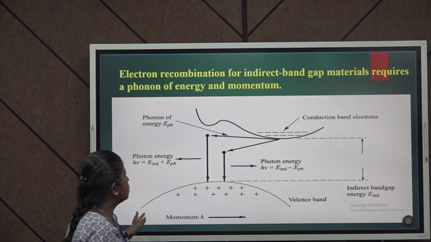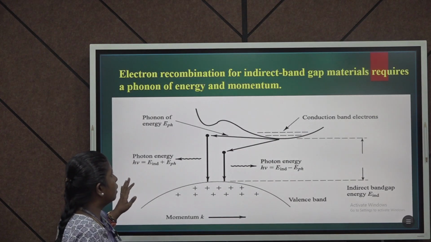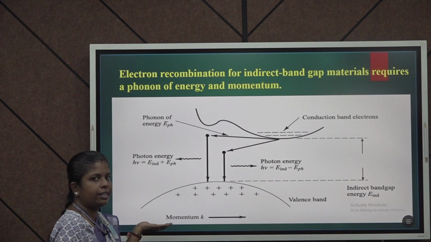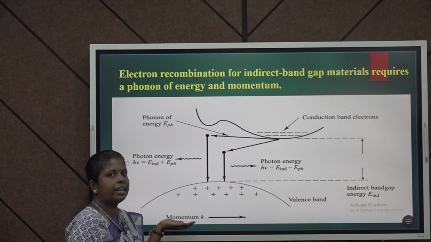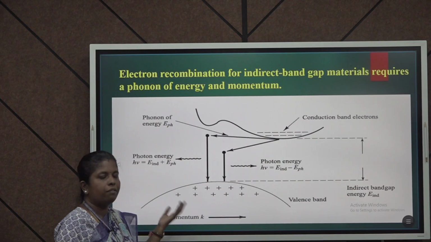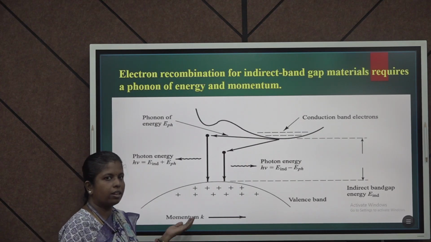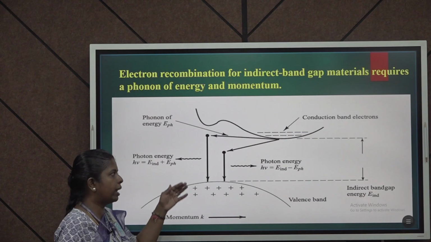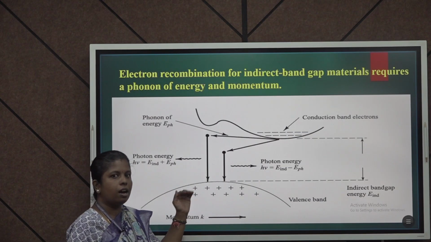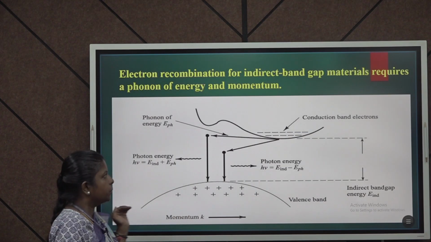The conclusion is that when we choose direct band gap materials, we need no external energy and momentum. When we choose indirect band gap material, we need extra energy and momentum for this whole electron to photon energy transition process.